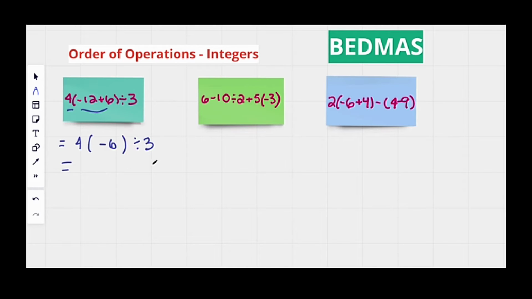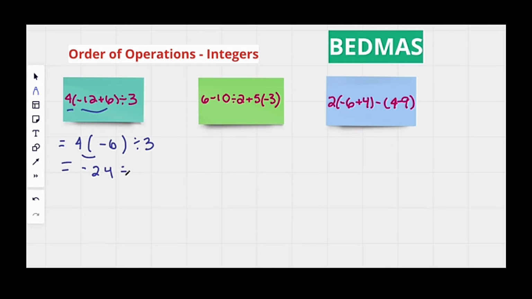So looking at BEDMAS, we've got 4 times negative 6 divided by 3. And so we know that we've got here division and multiplication. And the way that we do this is whichever comes first from left to right. So in this case, our multiplication comes first. So 4 times negative 6 is negative 24.